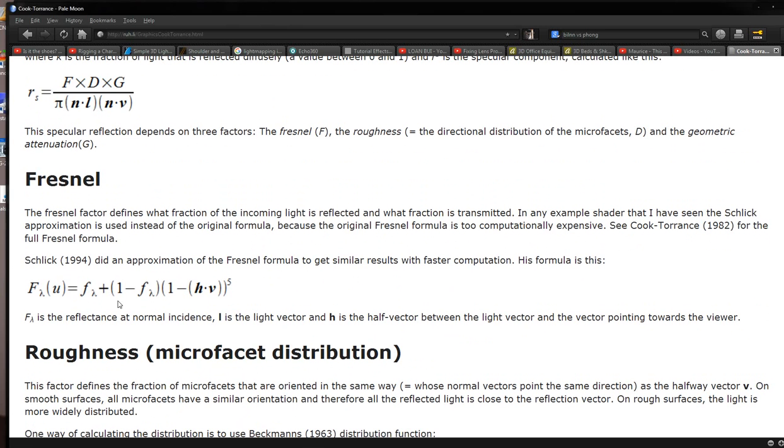So his formula is based on a reflectance value plus 1 minus reflectance value times 1 minus the halfway vector times the viewing direction to the power of 5.